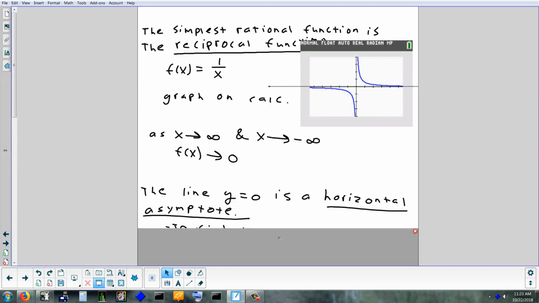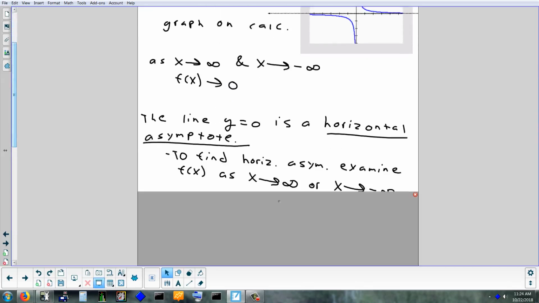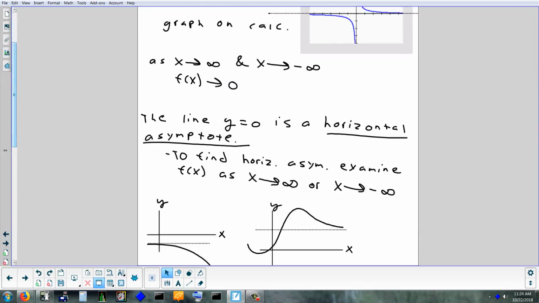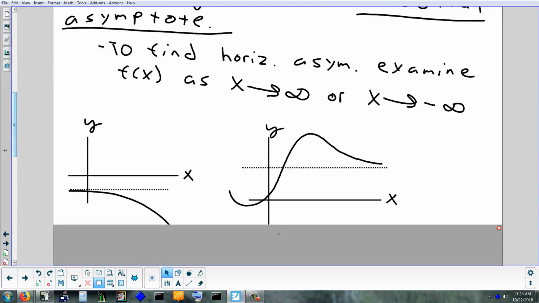So that's how we generally show an asymptote: the dotted line, and it gets closer and closer, but it never reaches it. Okay, so the way you find a horizontal asymptote is you look at what's happening in your graph very far out. Look at what's happening as x approaches infinity or as x approaches negative infinity.